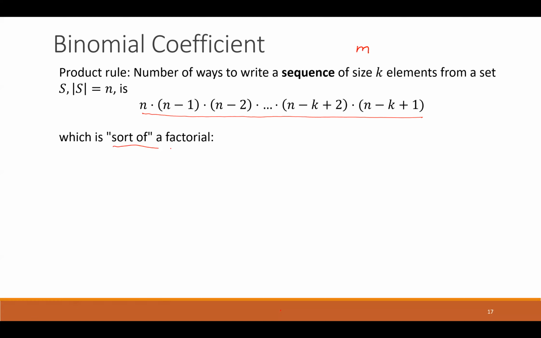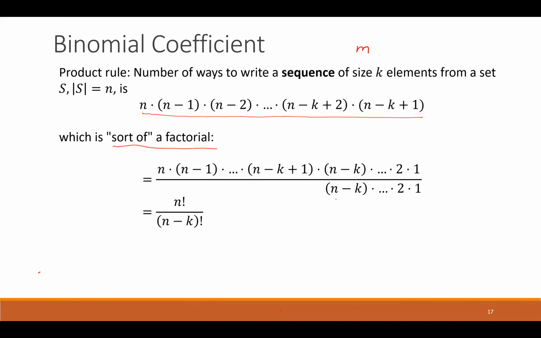This expression is sort of a factorial. So basically what we're doing is we're taking that expression and multiplying by 1, but writing 1 in a fancy way here. So what this gives us is n factorial over n minus k factorial. So this is our value m that we were looking for.